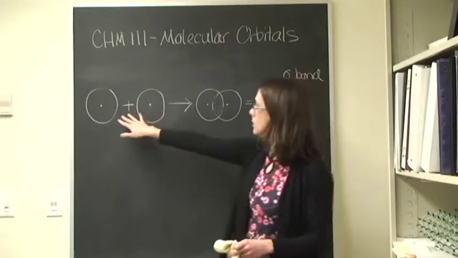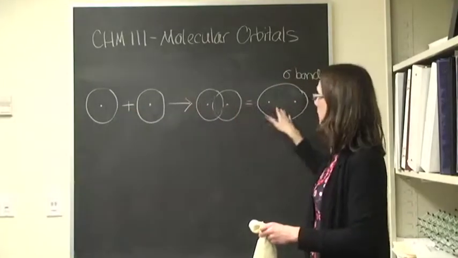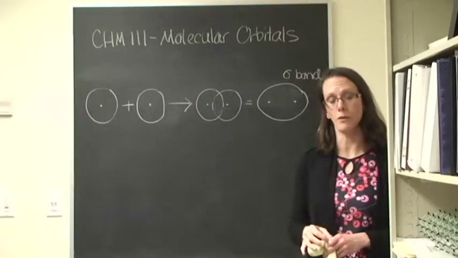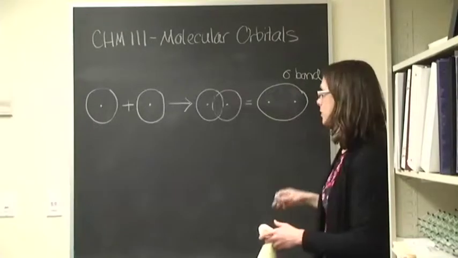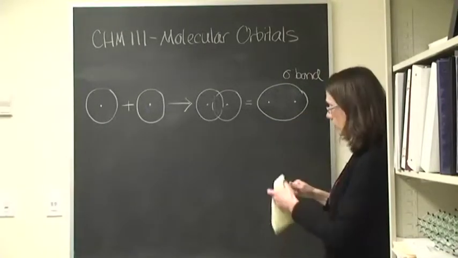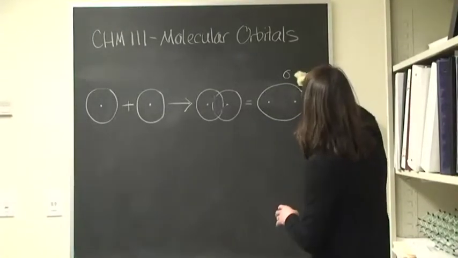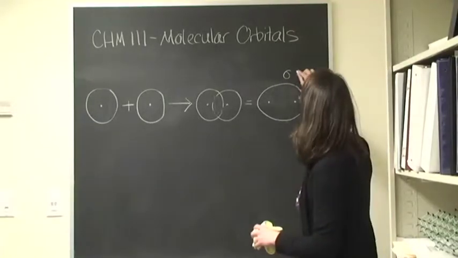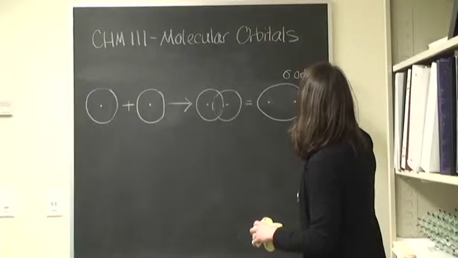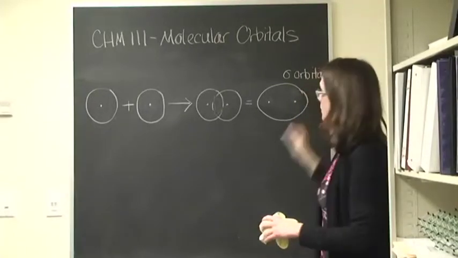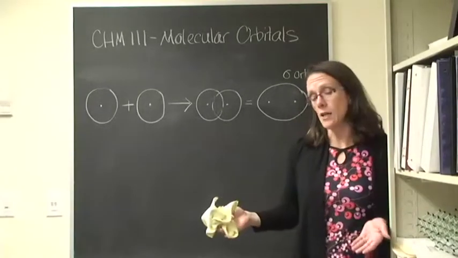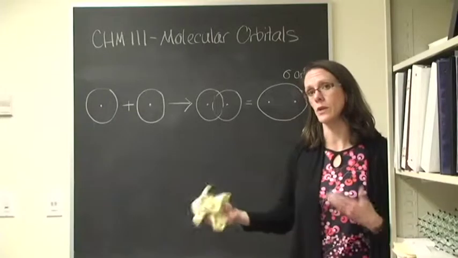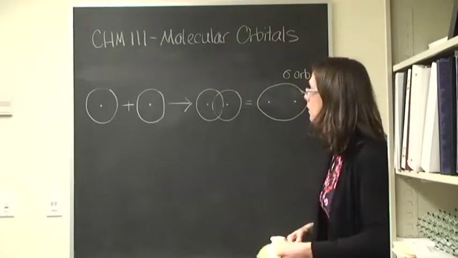We bring together two atomic orbitals and we combine them to form a molecular orbital. So right now all that's changed is the terminology. I'm calling this a molecular orbital, and in fact I'm going to call it something a little more general, which is a sigma orbital. A sigma orbital is like an atomic orbital, a region of space where electrons can be found.